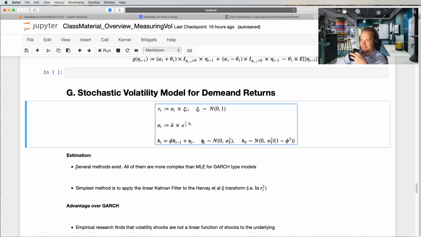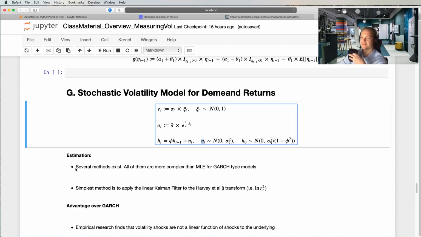Now, we started with R square because it's so simple. We talked about why it's not the best. We continued with the GARCH, which is a maximum likelihood approach. In the past, all our students had to implement that themselves. Now, with the more data perspective, we do ask Python to do it.